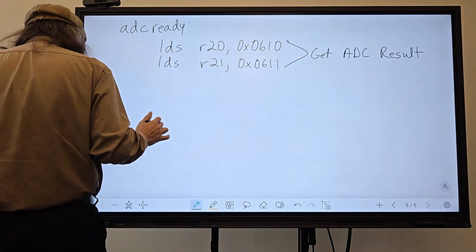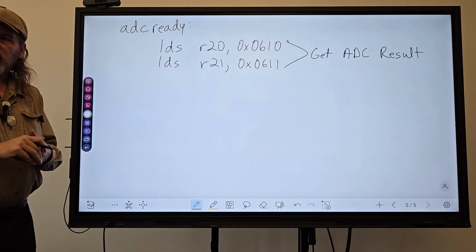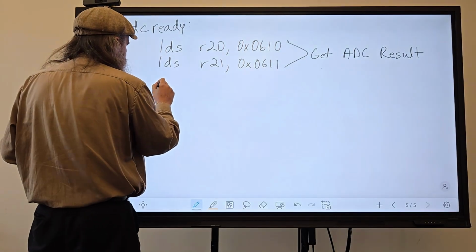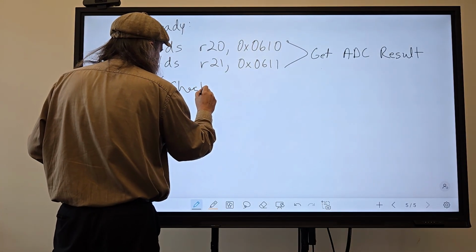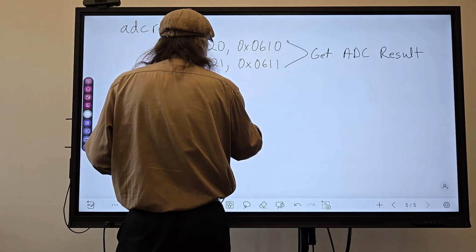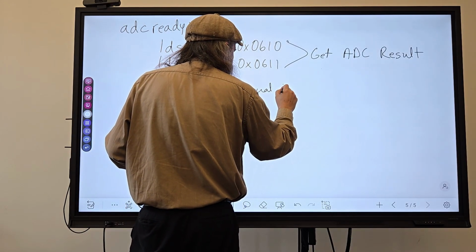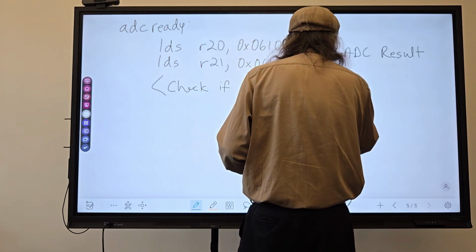And then, like you did in the variable blink program, check if equal to previous value.